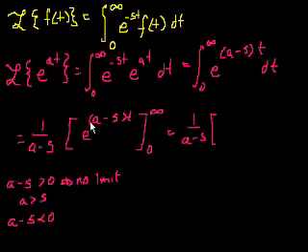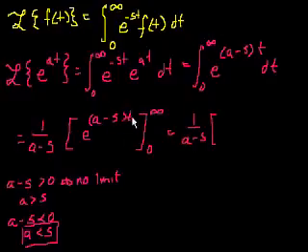E to an infinitely negative number approaches 0, while e to an infinitely positive number is just infinity, so it doesn't really converge on anything. So anyway, if I assume that a minus s is less than 0, or a is less than s, and this is the assumption I will make, just so that this improper integral actually converges to something, then this is a negative number.